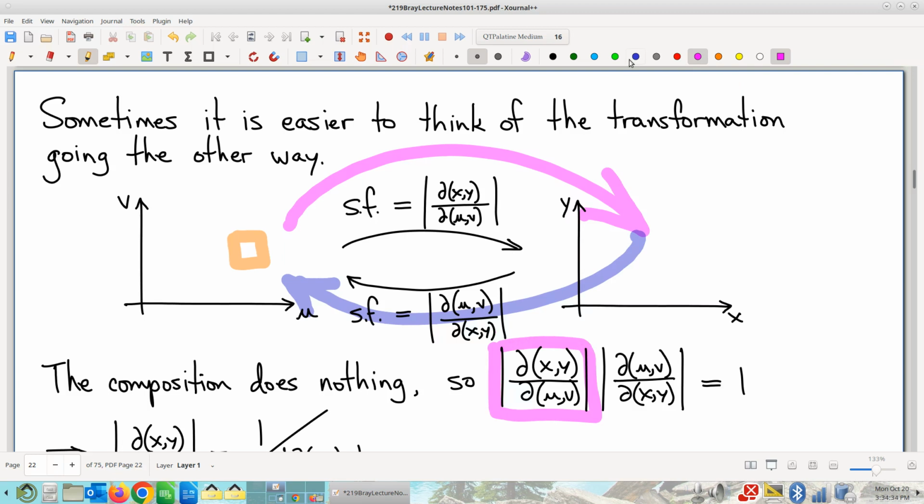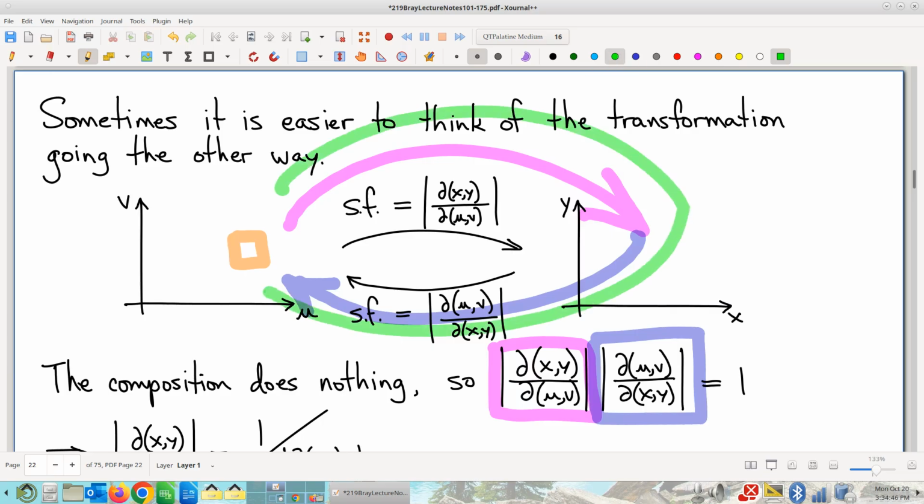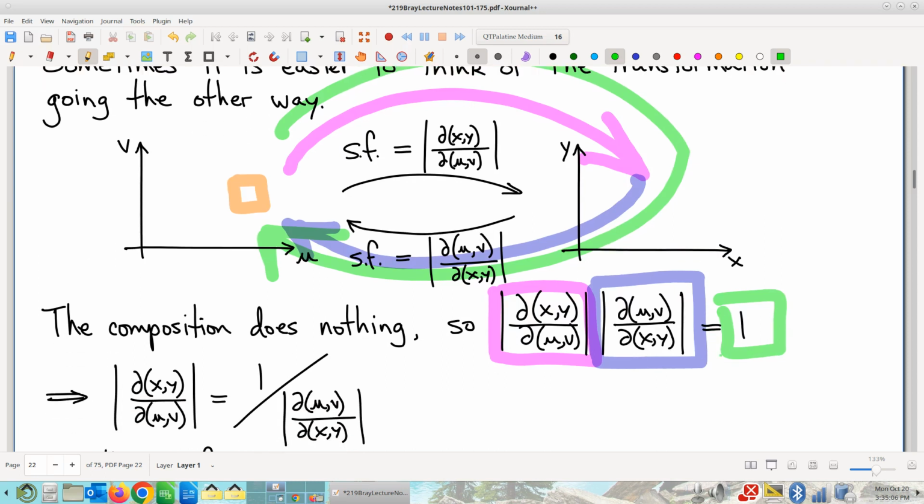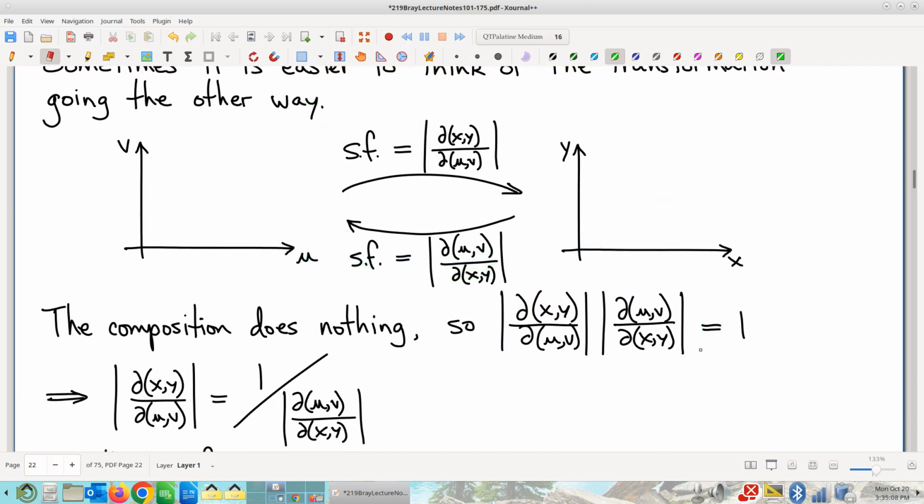Then when I do the dark blue path on the way back, I'm multiplying by another subsequent factor. Altogether, nothing happened. I'm back to the same area I had. I've multiplied by a combined factor that has to be 1. So we get this nice little result that these two stretching factors multiply to 1, or said differently, these two stretching factors are reciprocals of each other.